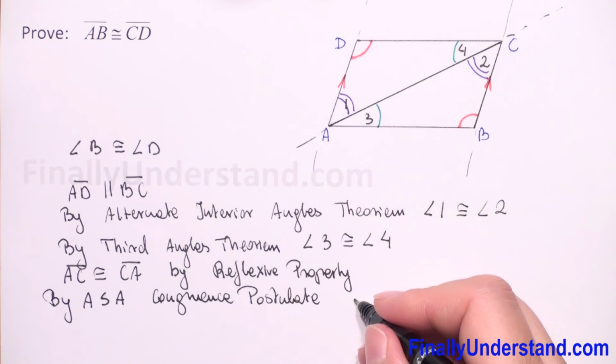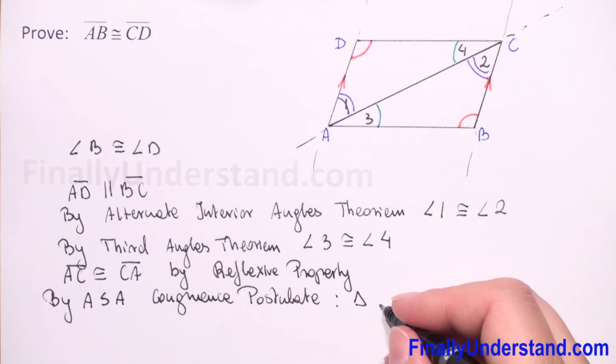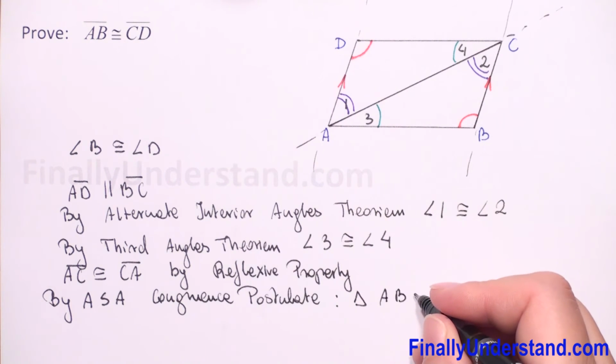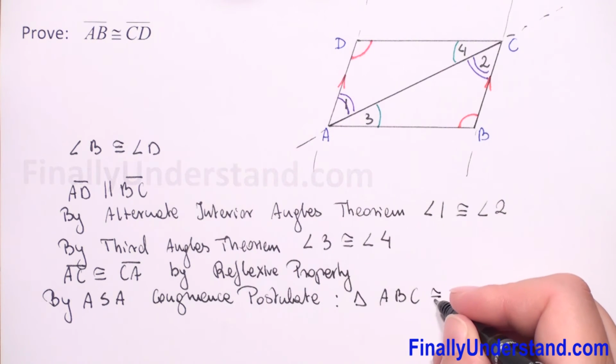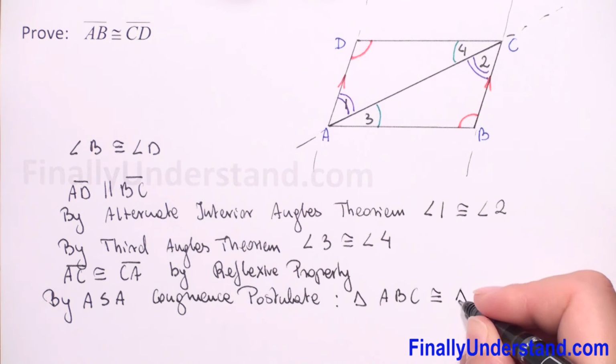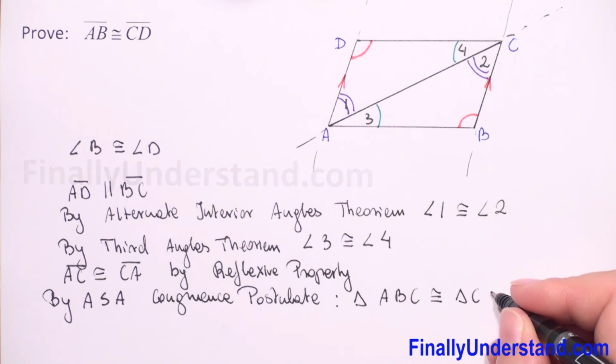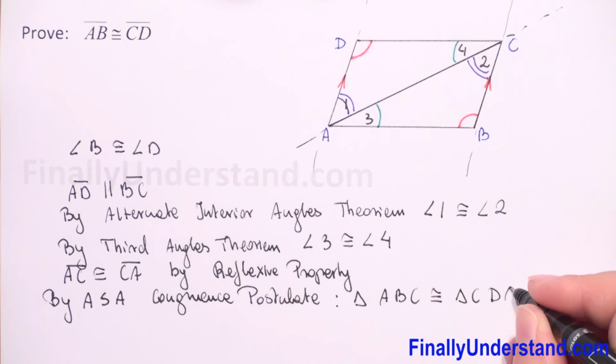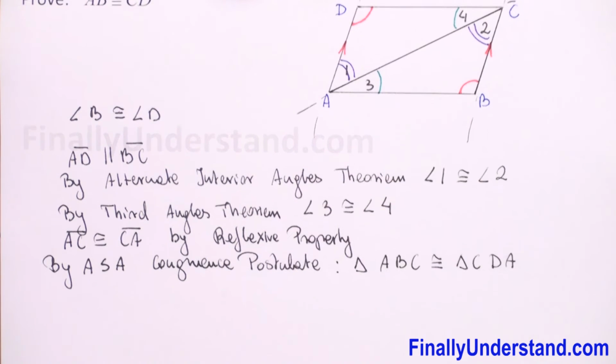And we have that triangle ABC, we can write, is congruent to triangle CDA. It means that corresponding parts of our triangles are congruent.